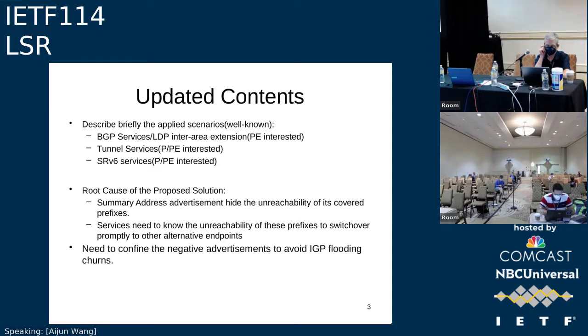This is the root cause. And for the solution, we also need to confine the negative advertisement to avoid IGP flooding churn. Many people may worry about the side effects of such a notification, so any application should consider this carefully.